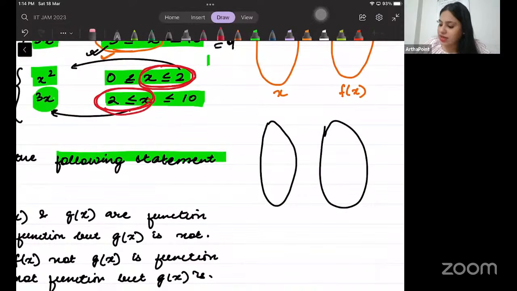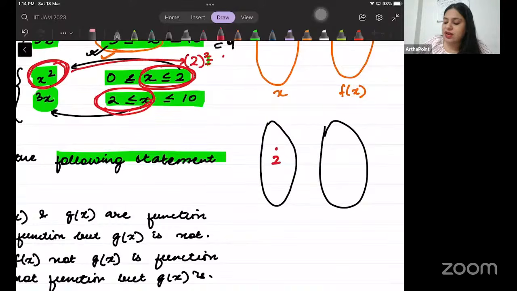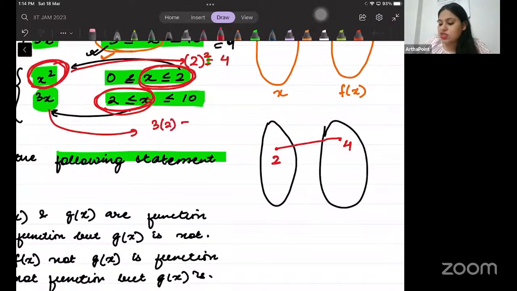Now when I put 2 in this, what is the value I get? I will get 2 square, which means I will get 4. So 2 is linked to 4. But when I put the value of 2 here, because x equal to 2 is included here also, what do I get? 3 into 2, which is 6.